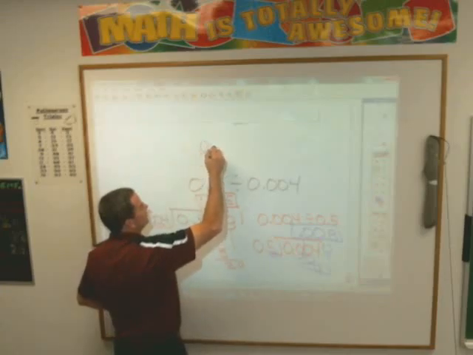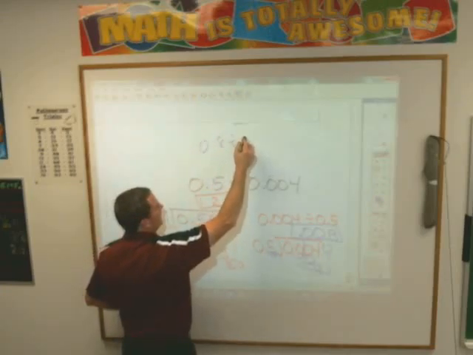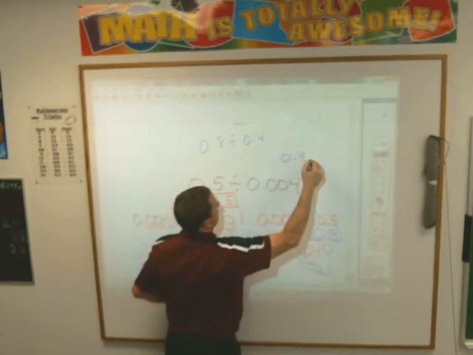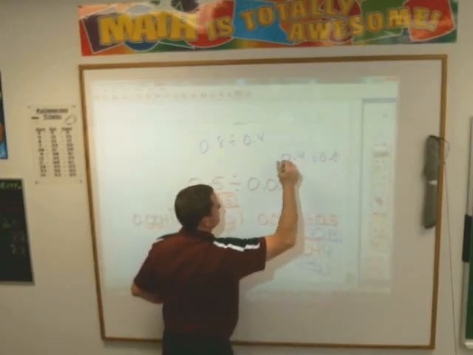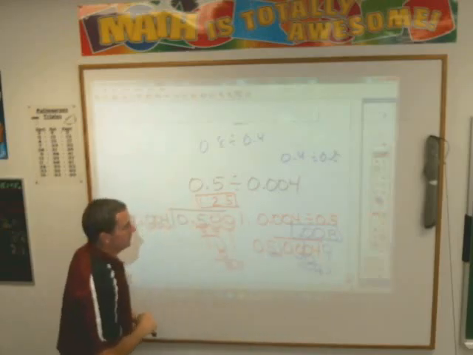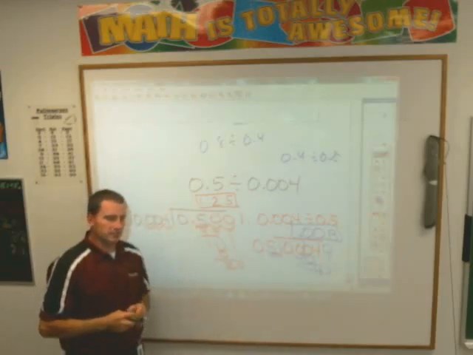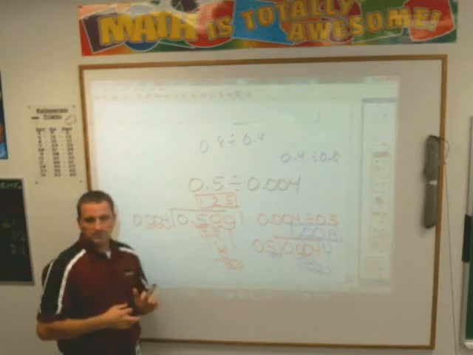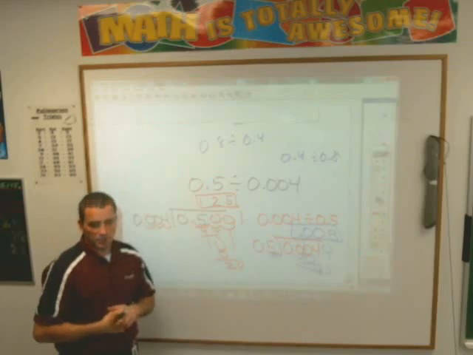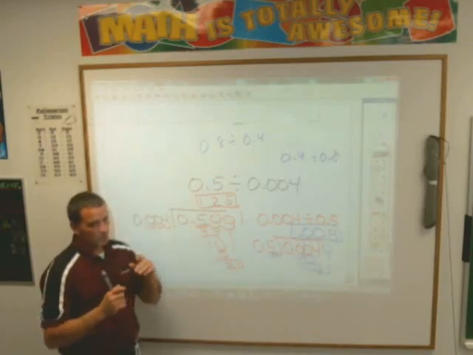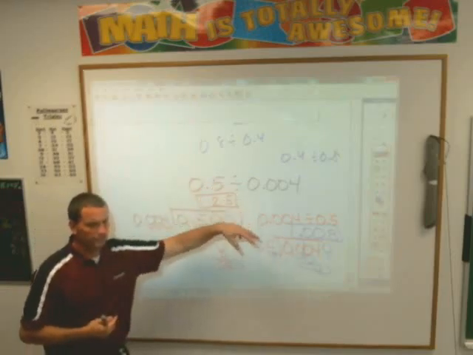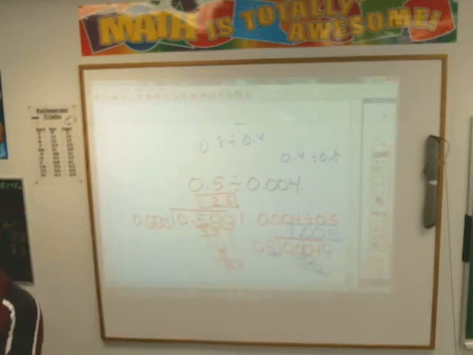If I took 0.8 and divided it by 0.4 and then took 0.4 and divided it by 0.8 and multiplied my answers together, I would get 1. Does anybody know why? Because anytime you multiply something by its reciprocal, and that's what these are, fractions flipped over, multiplied together, you get 1.